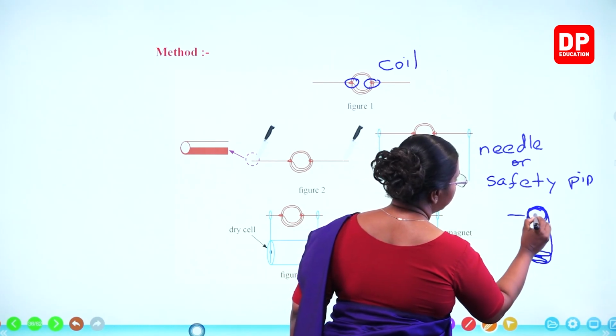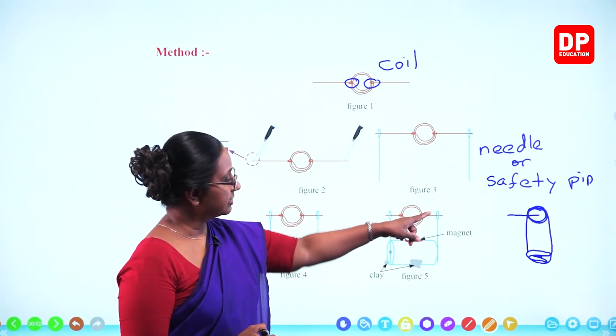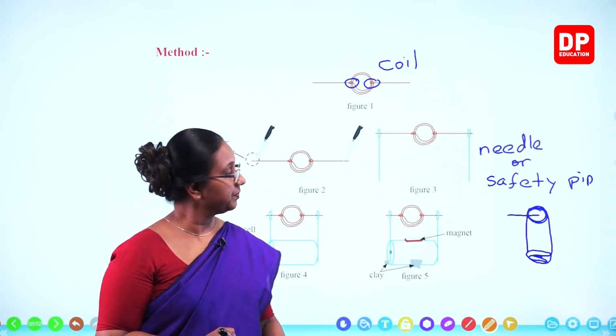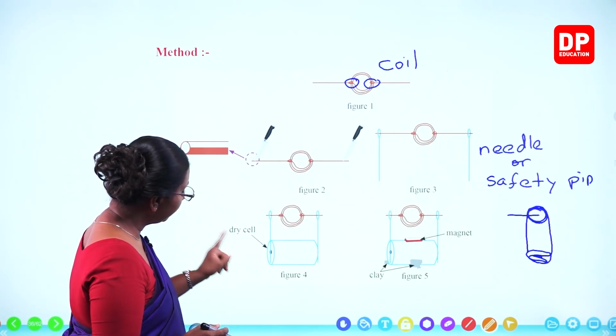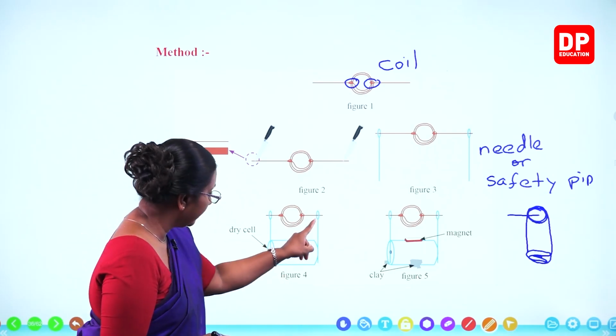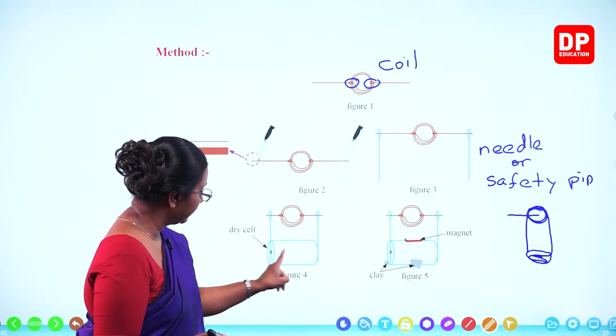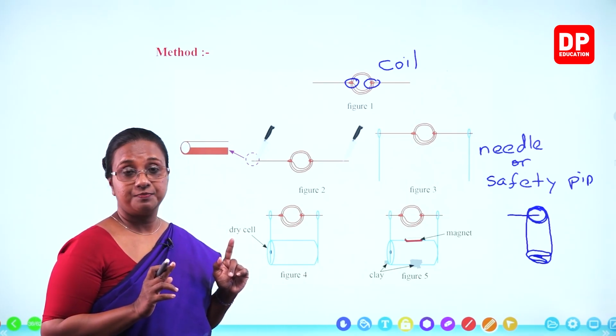So we can put the conductor through that. Is that clear? So that is how we use the safety pin. Then, once that is all set, we take the dry cell, the battery, and the ends of the two pins are connected to the two terminals of the dry cell.